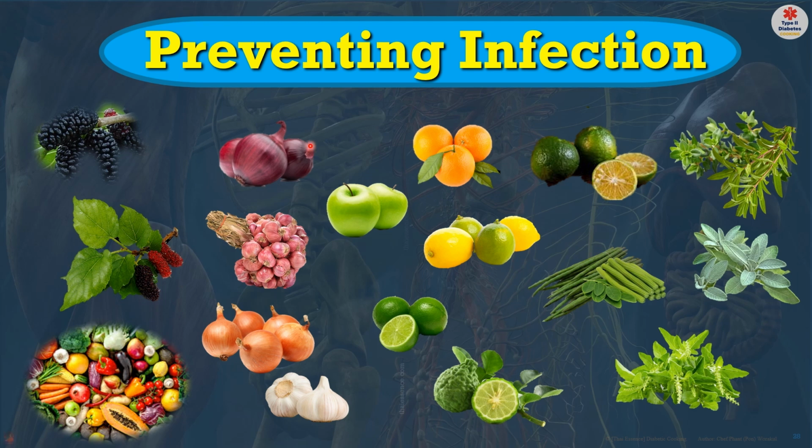But mainly I eat, almost just about every day, either red onion or green onion or garlic, lime juice, kaffir lime. If I find it, I buy it right away.